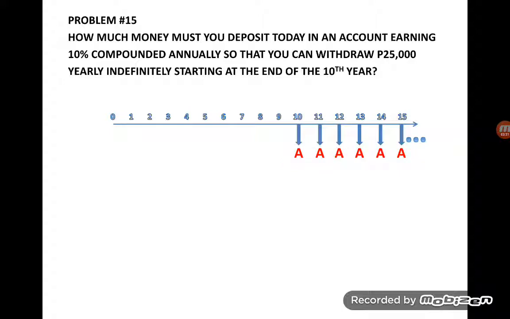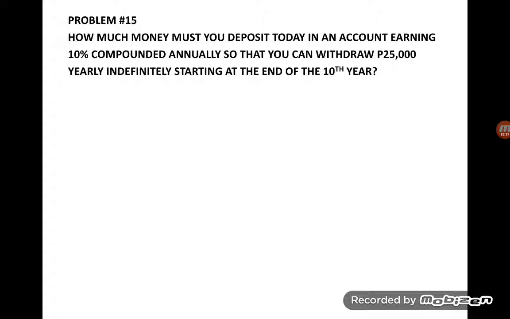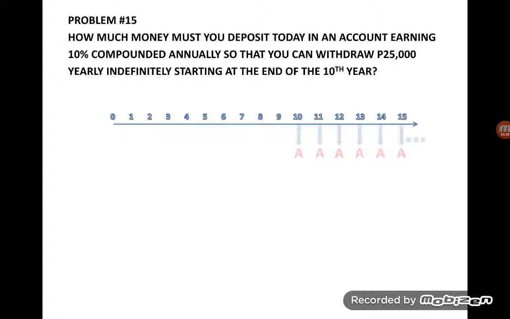So first we calculate the present worth of all of this annuity, and that will be the equivalent value of all of this annuity here on year 9.